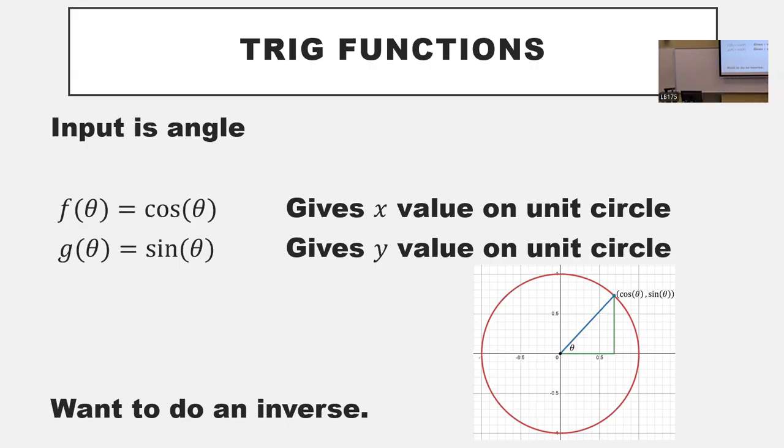Like with cosine, we input the angle theta and we get out the cosine of theta, which is related to the x value of a point on the unit circle.